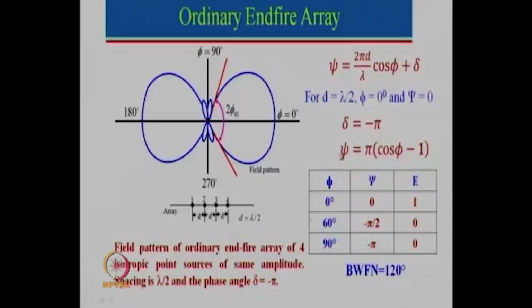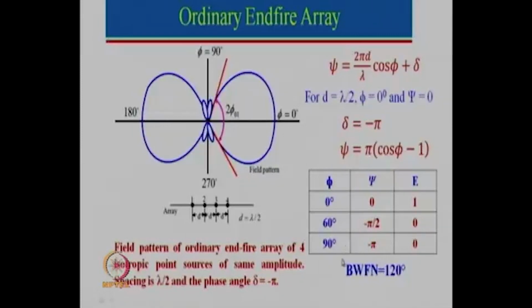Now, again we can look at different angles. At phi equal to 0, cos of 0 will be 1, 1 minus 1 will be 0. So, psi becomes 0, and if psi is equal to 0, the array factor gives us value 1. When phi is 60, cos of 60 will be 1 by 2 minus 1, so that will be minus pi by 2, and if we substitute this value in the array factor, that comes to be 0.